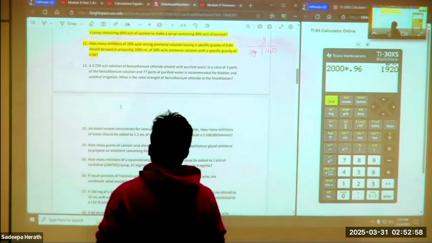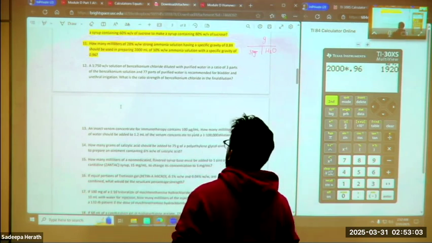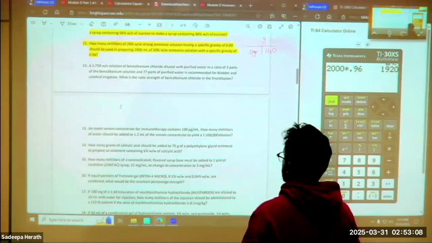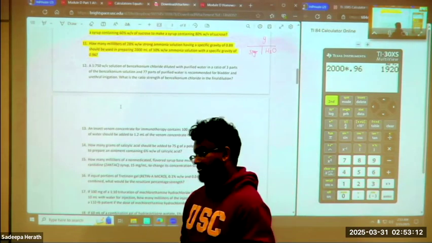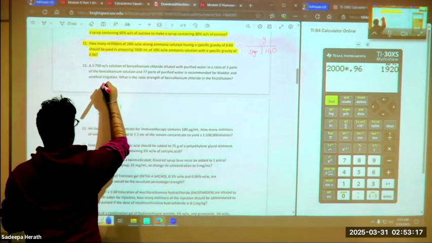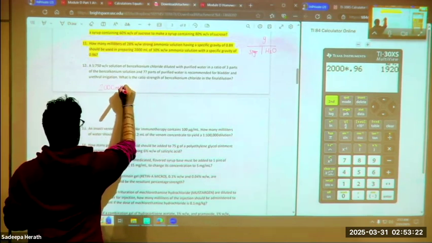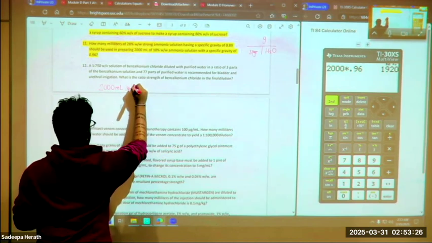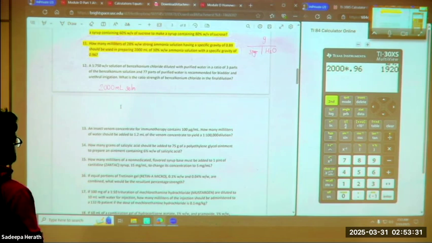All right. So we're given mLs, but the percentages are weight to weight. That's why we need the specific gravity. Got it? So there is 2,000 mL of solution, and we want to get that as grams.